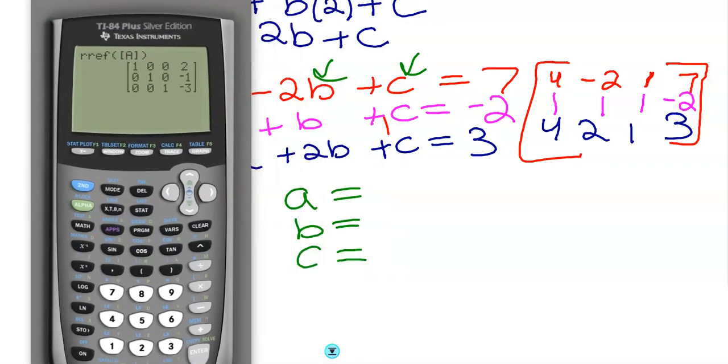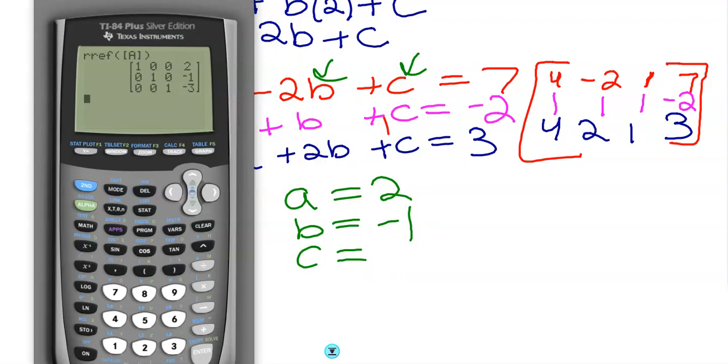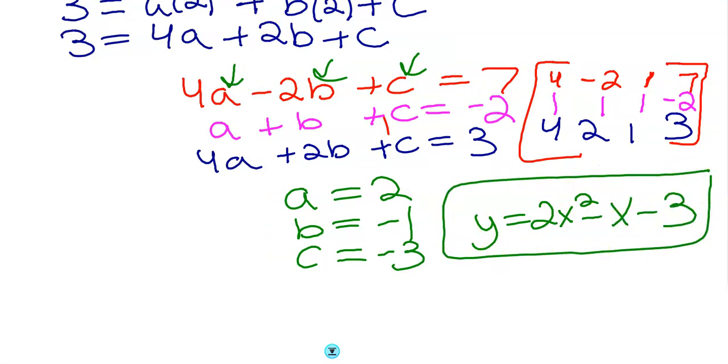So my a is 2, my b is negative 1, and my c is negative 3. So y equals 2x squared minus x minus 3. Ta-da! Instead of trying to find x, y, and z, I had to find a, b, and c to write my quadratic, because we're amazing.